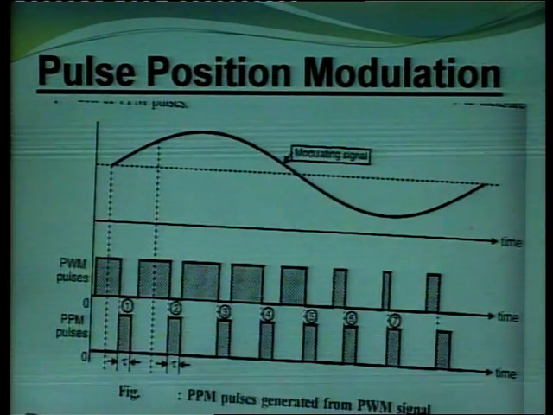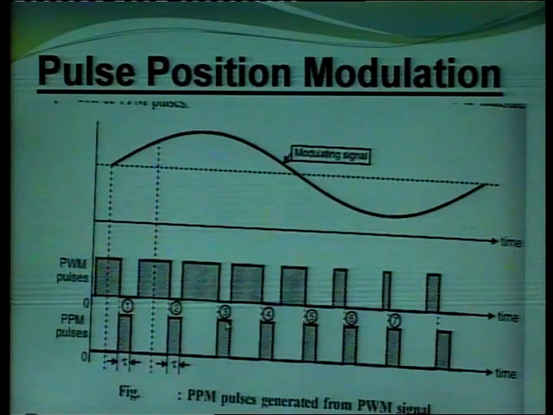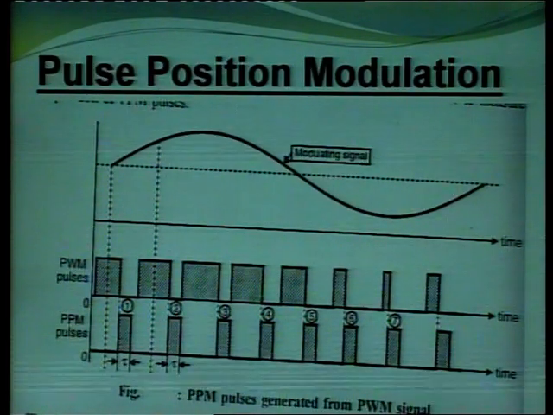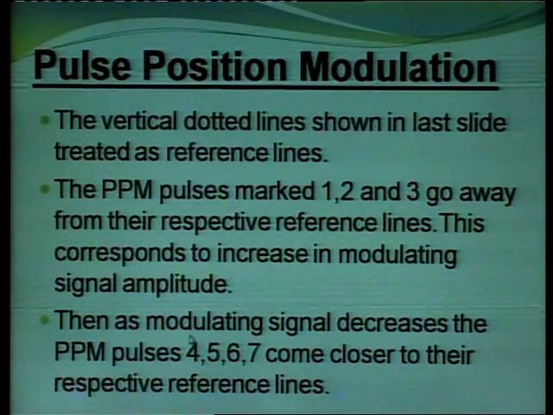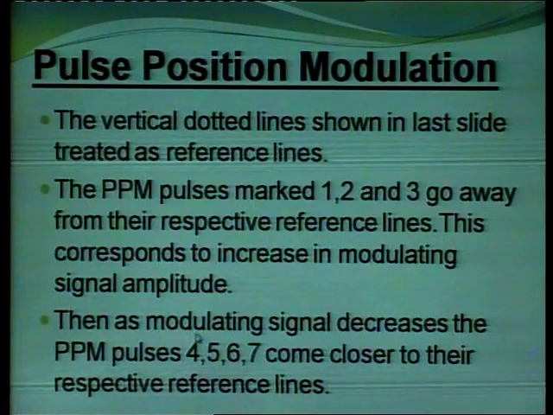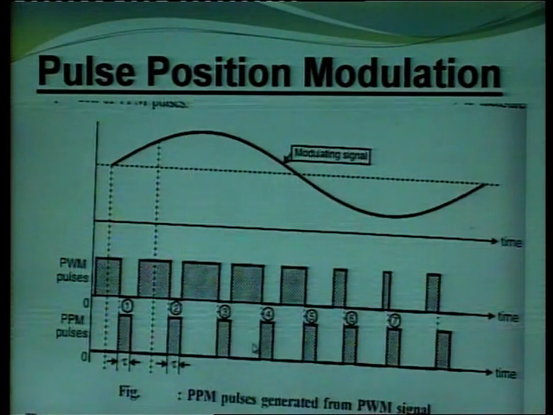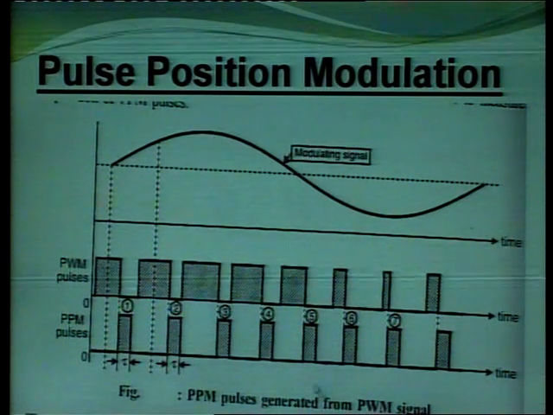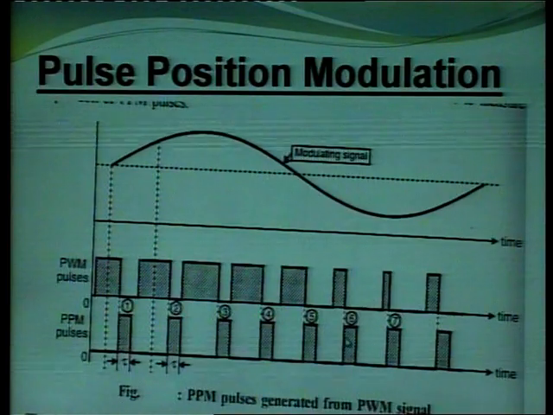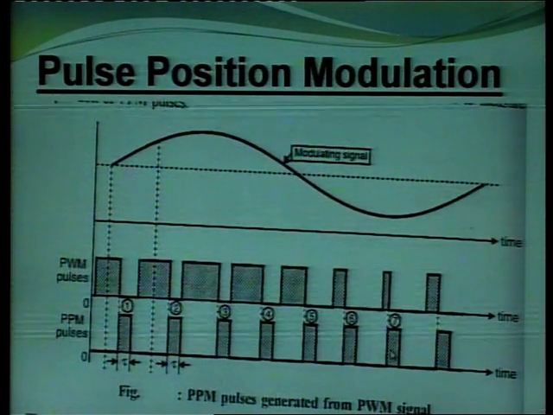So here we have seen these PPM pulses 1, 2 and 3 go away from their respective reference lines, which corresponds to an increase in the modulating signal. So whenever these pulses go away from the reference lines, it represents that the modulating signal is increasing, whereas pulses number 4, 5, 6 and 7 come closer to their reference lines.